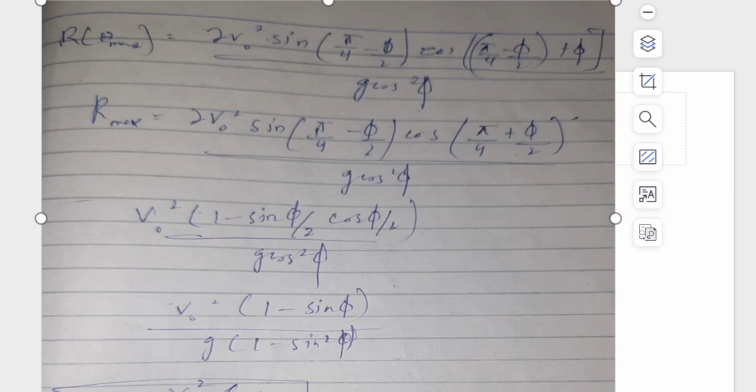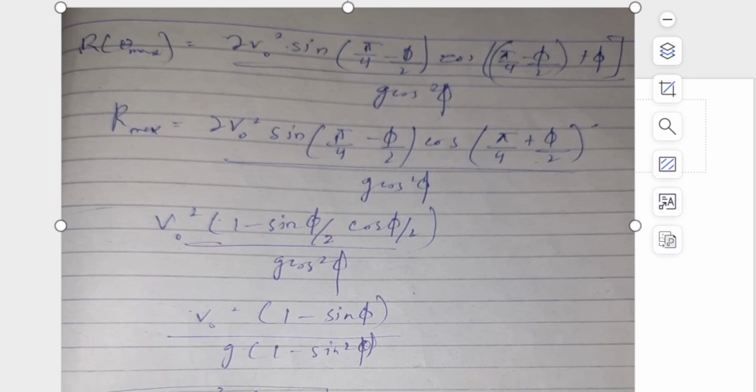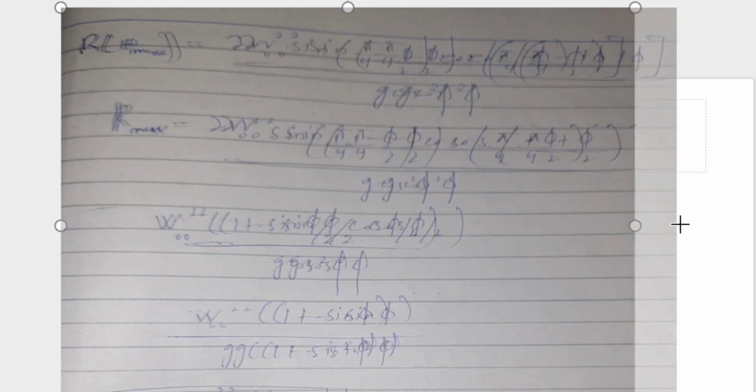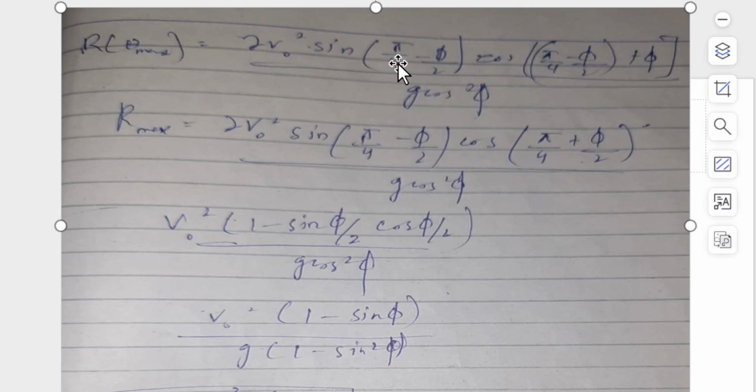So now you can see, after putting the value of theta, we'll get these terms. After evaluating, sine pi over 4 is equal to 1, and minus sine pi over 2 is positive.